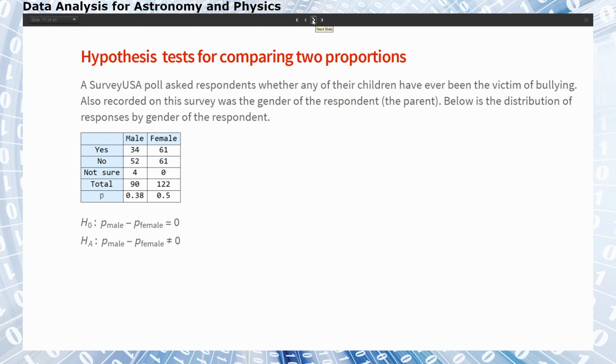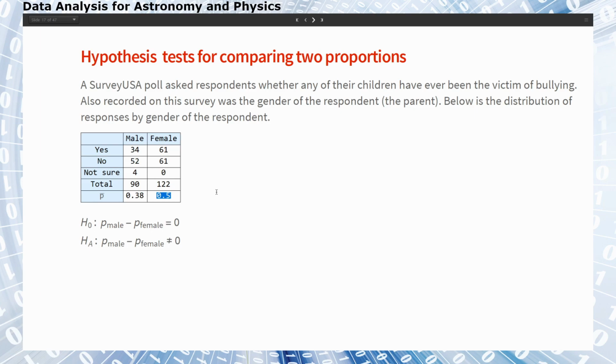Also recorded in this survey was the gender of the respondent, so whether it was the father or the mother, and this is the distribution, and we find that when the male parent had been asked, 38% of them confirmed bullying of their children, while female respondents replied in 50% of all the cases.